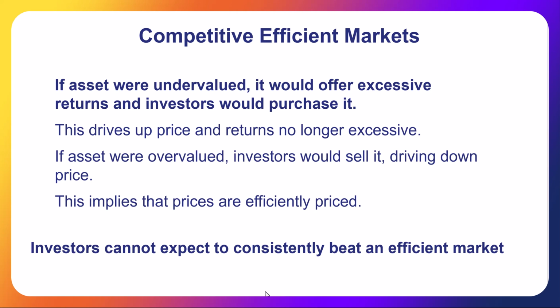So investors cannot expect to consistently beat an efficient market. Now, this doesn't mean you cannot make a return. It means that the return you earn will not be more, or you should not expect to earn more, than the average rate of return.